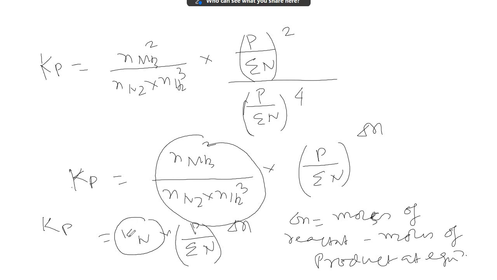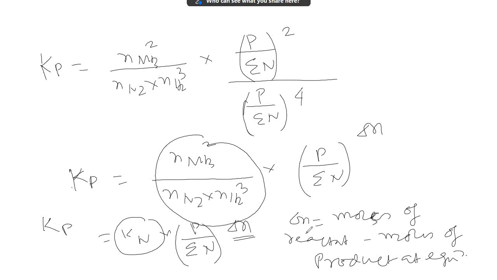Kn is equal to the ratio of the moles at equilibrium. P stands for total pressure, sigma n stands for total moles at equilibrium. Del n is the difference between the moles of product and reactant. Wrongly written earlier, it will be product minus reactant.